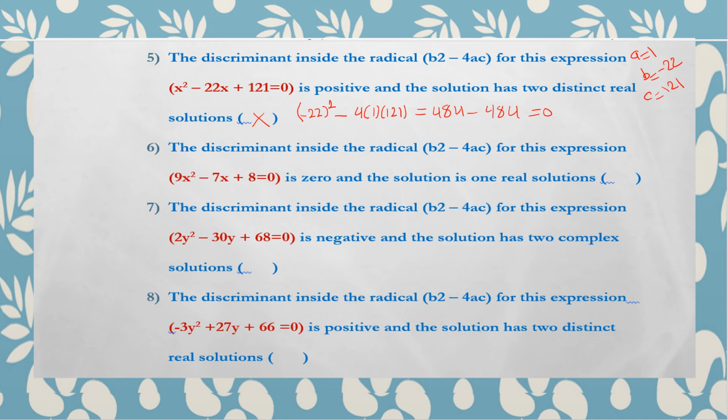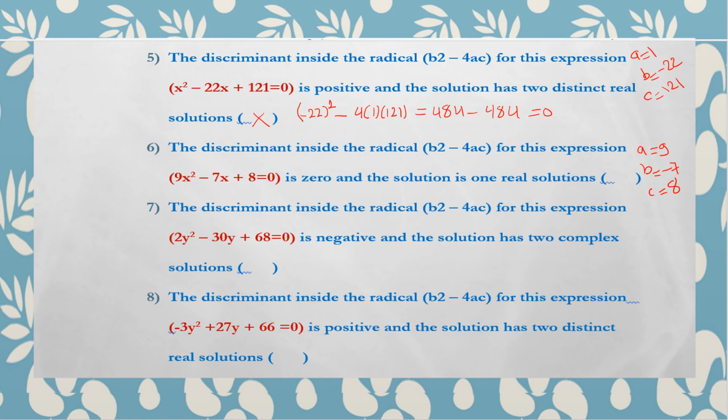The second statement, the discriminant inside the radical for this expression, 9x squared minus 7x plus 8 equals 0, is 0, and the solution is one real solution. Let's again find the value of a, which is 9, the value of b, which is minus 7, and the value of c equals 8.